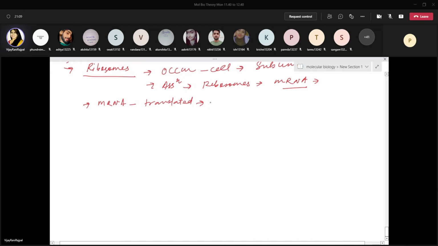Once an mRNA gets translated, the ribosomes formed on it dissociate into their respective subunits. This formation of the ribosome on the mRNA, completion of translation and dissociation completes one ribosome cycle.